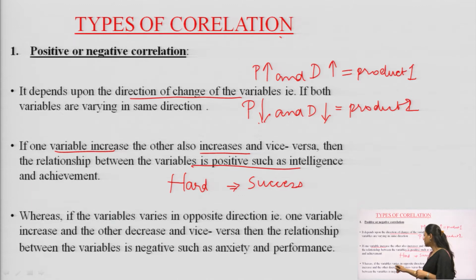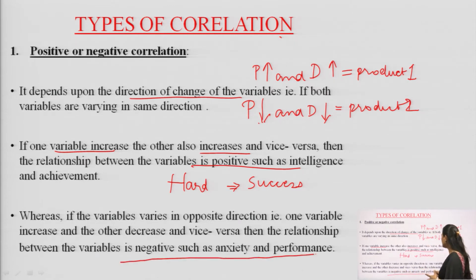Whereas, if the variables vary in opposite directions, where one increases and the other decreases, or vice versa, then the relationship between these two variables becomes a negative correlation. For example, we can talk about a person who is anxious and how he is performing. If he is anxious, then his performance will go down.